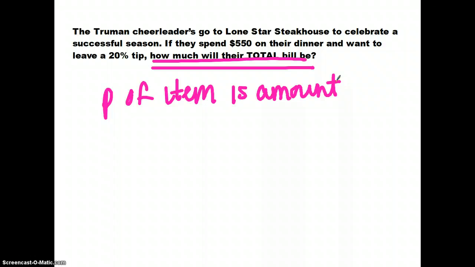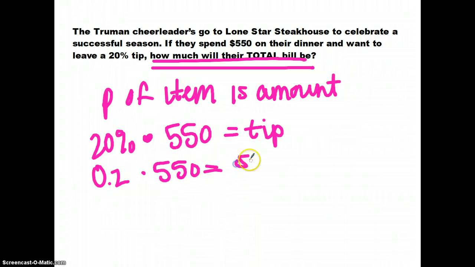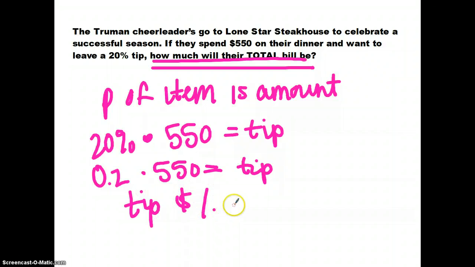My P is 20%. My of is multiplication. My item is their $550 bill. And this is the amount of tip. Change this to a decimal. Their tip is $110.